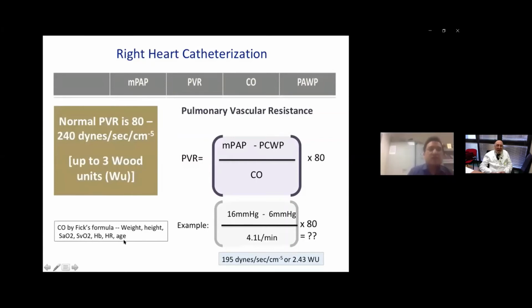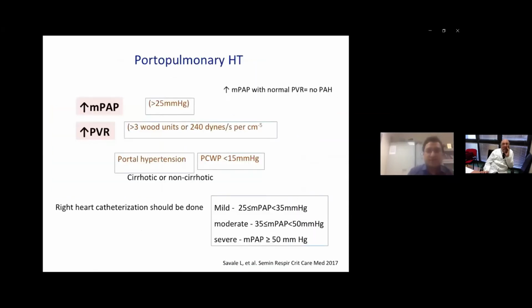Then the hemoglobin, heart rate, and age, we have all these parameters, and then we can measure the cardiac output. Pulmonary vascular resistance we can easily calculate by subtracting the pulmonary capillary wedge pressure from the mean pulmonary artery pressure and dividing by the cardiac output. So we can do the full pulmonary hemodynamics by simply advancing the HVPG catheter into the cardiac as well as the pulmonary circulation.